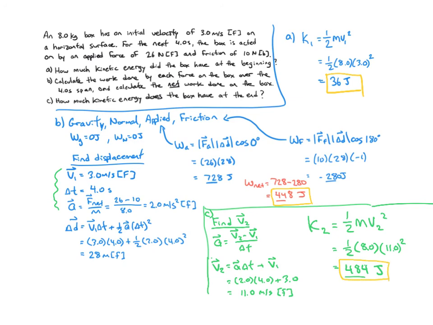Well, what you might notice is that whatever the starting kinetic energy is, if you add the total work done on it, we actually equaled the ending kinetic energy. You can check that. We started with 36 joules of kinetic energy. If you add 448 joules to that, which was the net work, you actually get 484 joules.